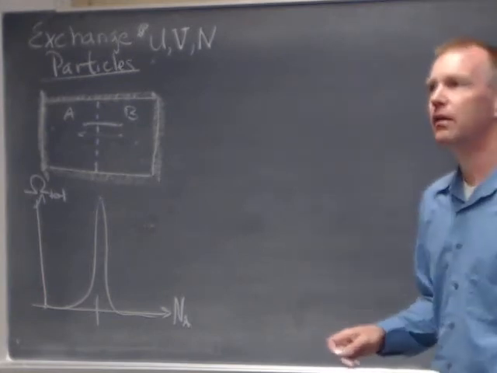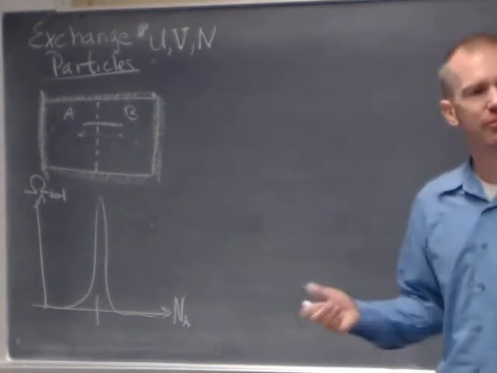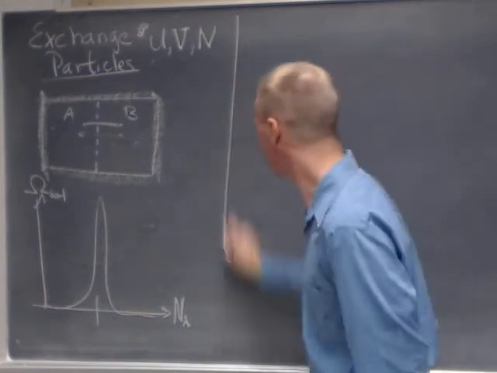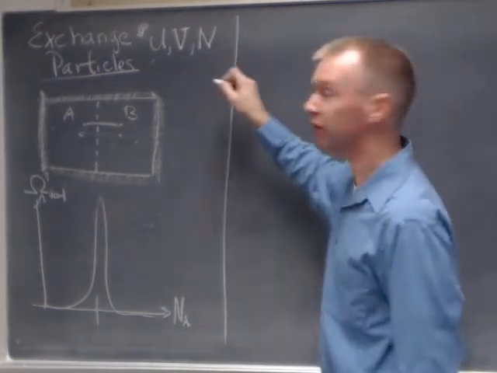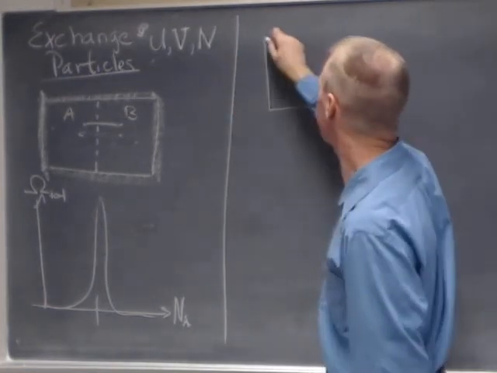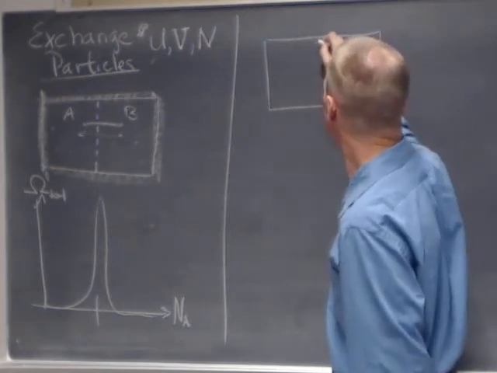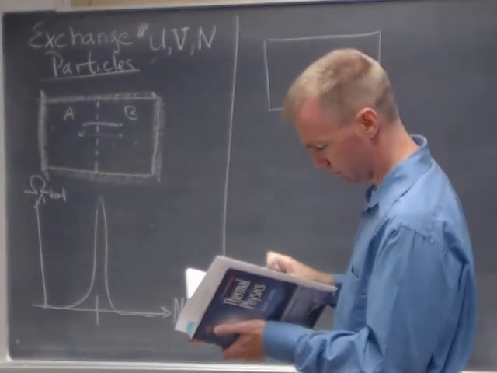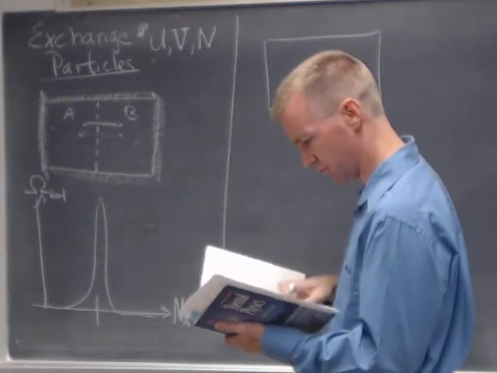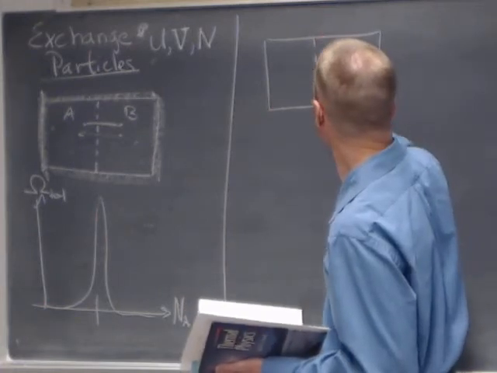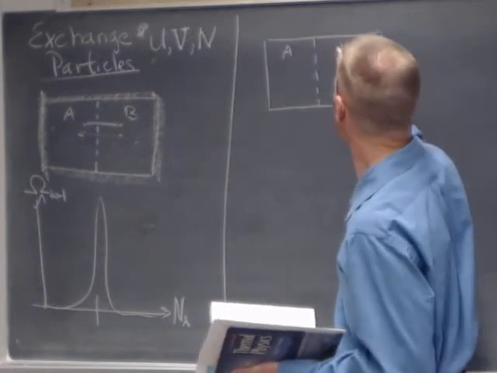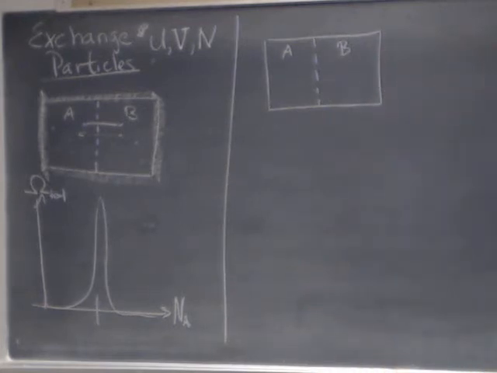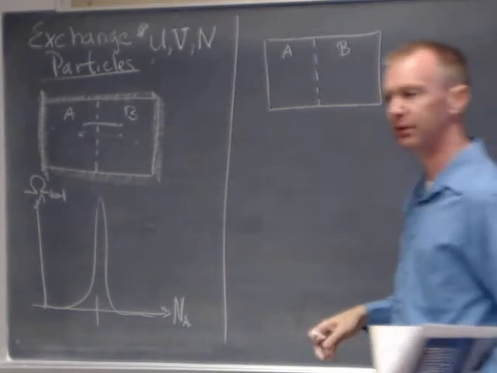All right, now let's do something useful with this. Let's take one of these boxes, containers, and we've got sides A and B. We've got the permeable barrier, so particles can flow through it.